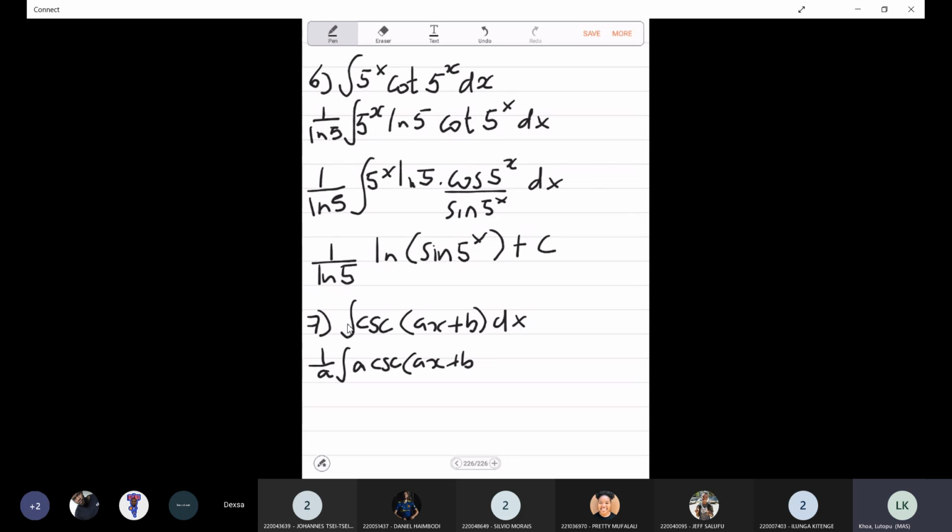ax plus b dx. Then to integrate cosec, we multiply by a special term.